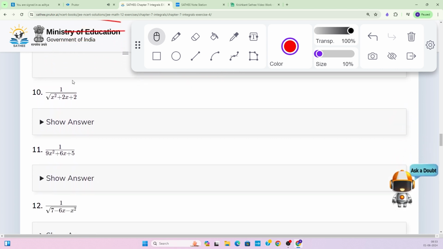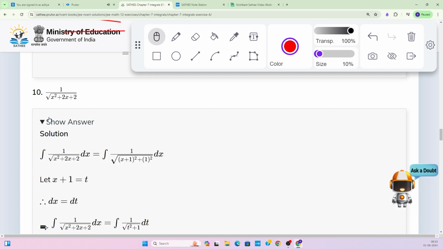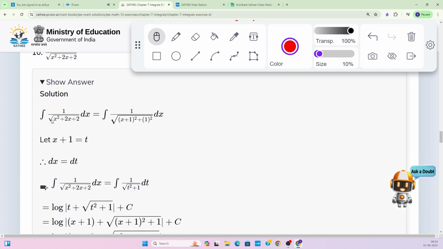Now the 10th problem says integrate 1 by root of x square plus 2x plus 2. Now what thing we have to do? Make the complete square. So how can you do that? Quite simple. You'll see x square plus 2x plus 2 is nothing but x plus 1 whole square plus 1. How do we get it here? Quite simple.